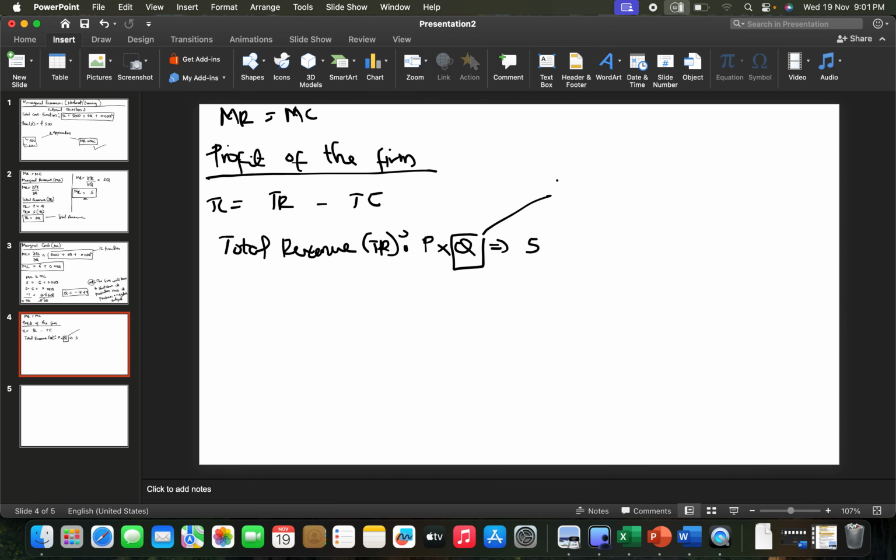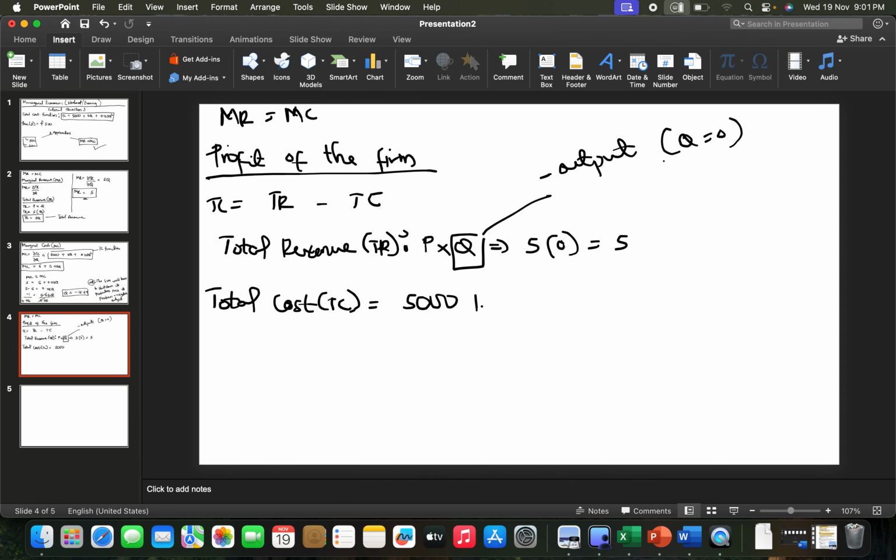Now take note. We had a negative output. Since we had a negative output, we would assume Q to be 0. So 5 times 0 would give us 5. So that's total revenue. Now with the total cost, we were given 5,000 plus 6Q plus 0.03Q squared.